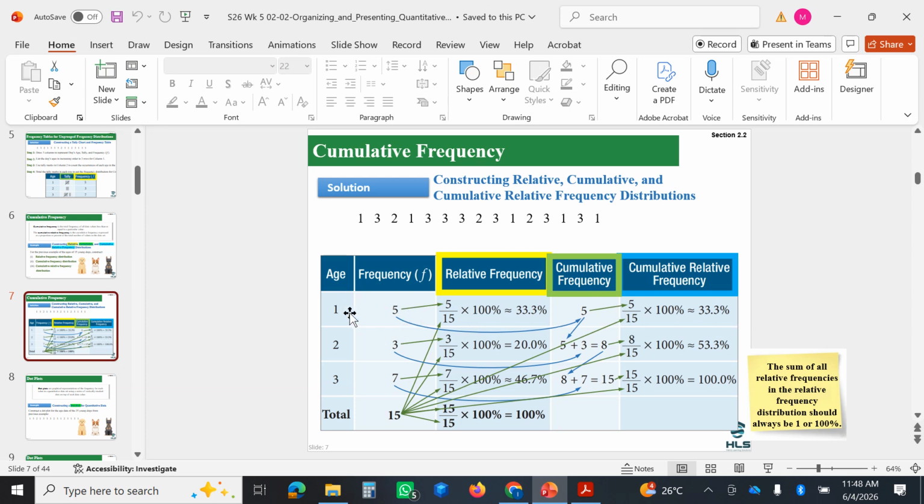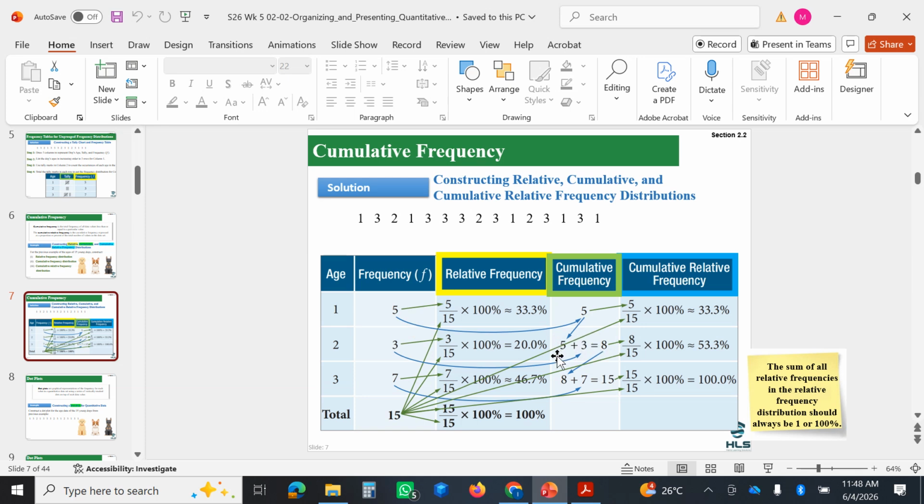But we're going to start gathering everything from this row and adding it into the next row. Okay? And you'll see there that the cumulative frequency for the 1s and the 2s is 5 plus 3. So you take these two numbers and add them together, and you get 8.